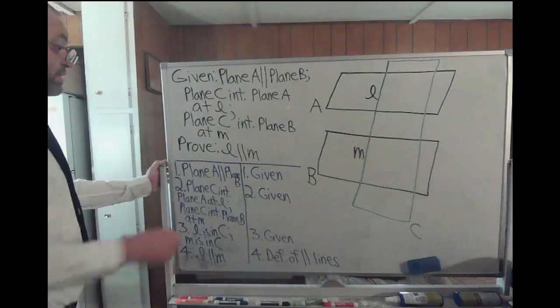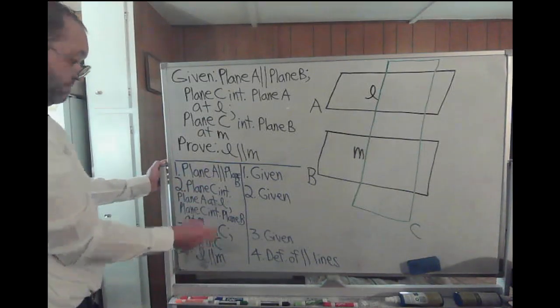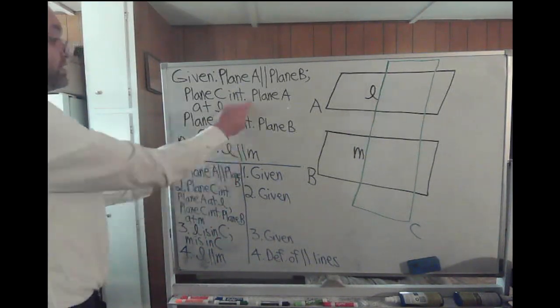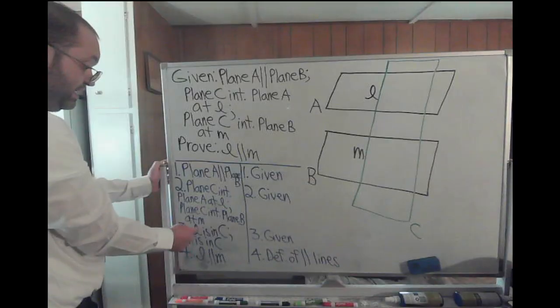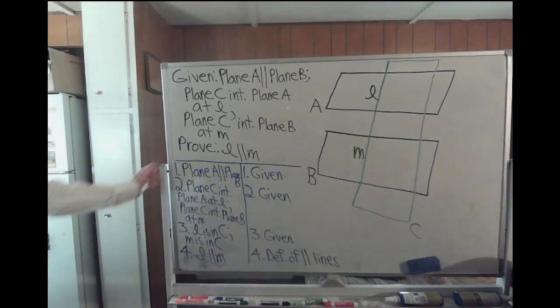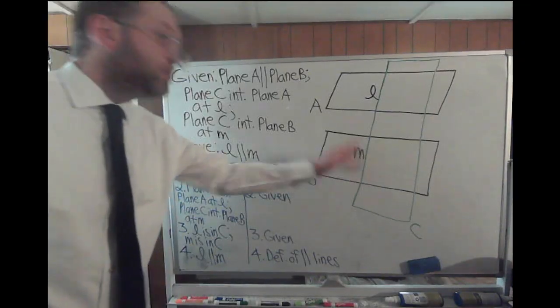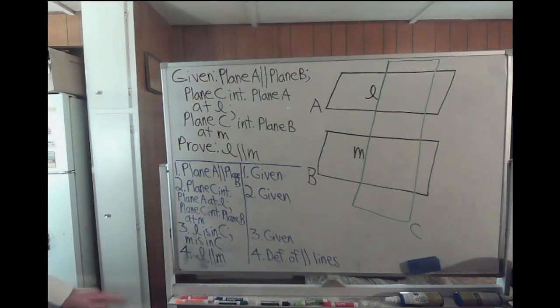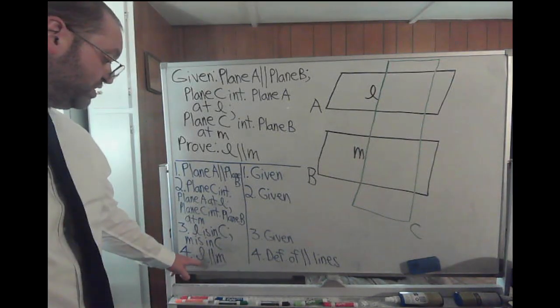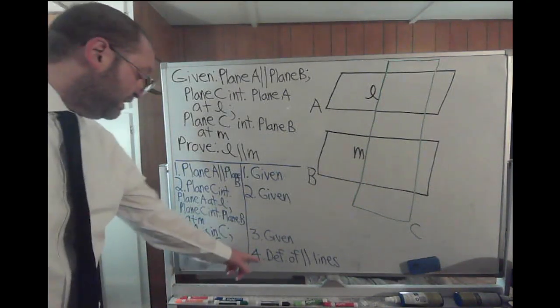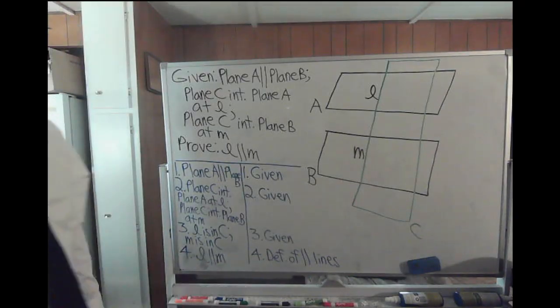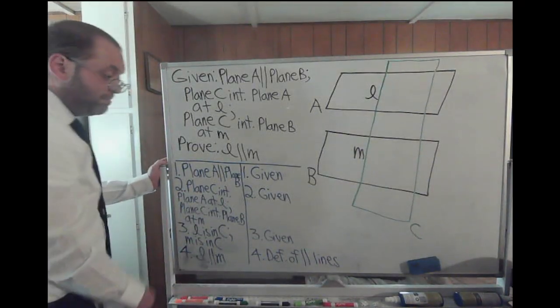So I started with, for the first 2 statements, I listed the whole givens. Then step 3, I said line L is also in C as well as line M. They're both in plane C. And since we know that those 2 lines don't touch, by the definition of parallel lines, line L is parallel to line M. So that actually wasn't that bad of a proof.